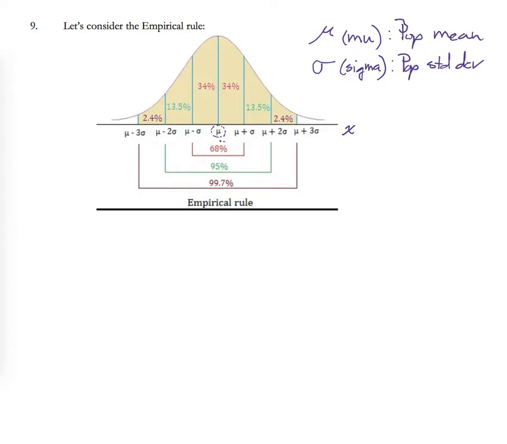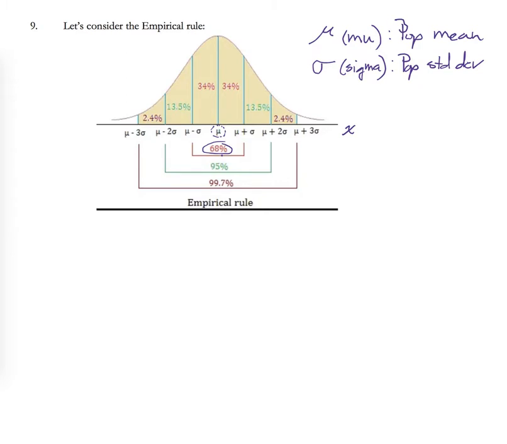So this is the amount of data that we will find within 1 standard deviation of the mean, 68% of our data. And because it's symmetric, split that in half, and it's 34% on each side, again, within that 1 standard deviation.